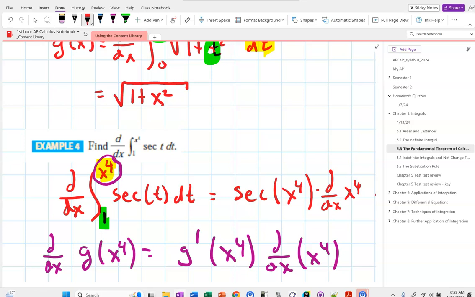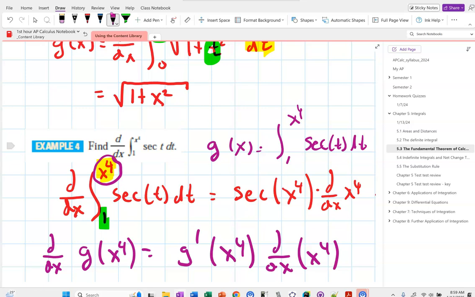Yes. Explain how you got the first part red next to the right, the first part purple. So the purple part is just me rewriting the problem using g of x equals this.